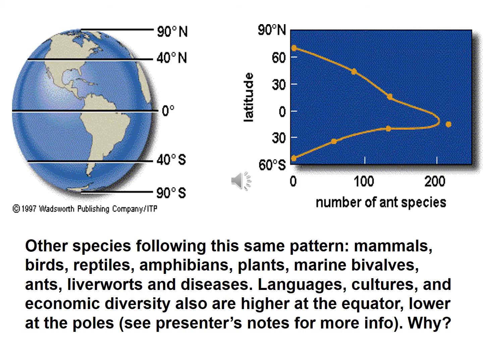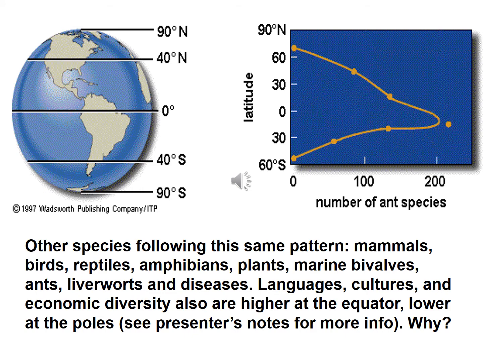In the top right image you're seeing a graph of the diversity of ant species by latitude, and you have the most diverse ant species at the equator, almost 200 different kinds of ants, and it diminishes in diversity as you go towards either pole. And that is also typical of all these different groups of organisms listed in the text there.